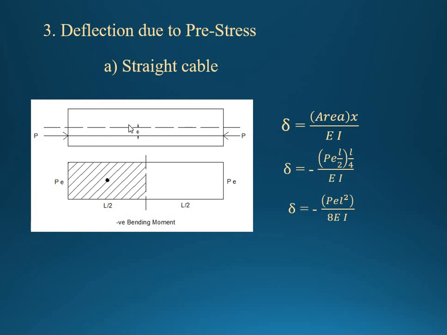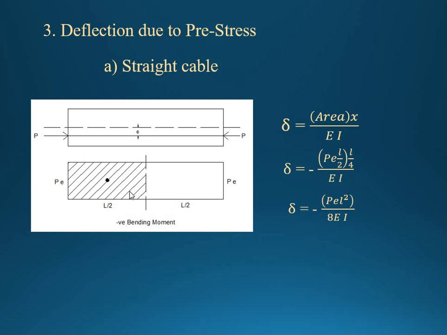So for this, the bending moment will be rectangular, and the sign convention for this is negative, or you can also say negative bending moment.